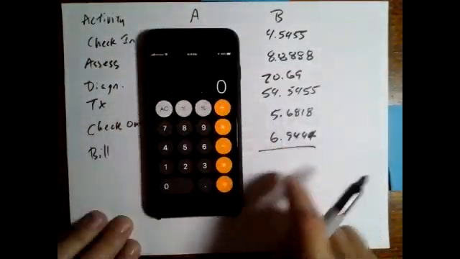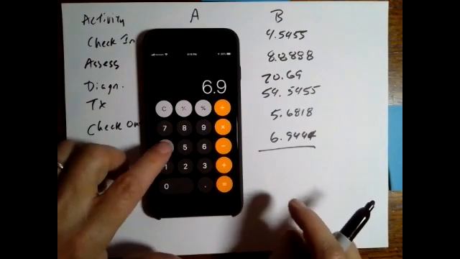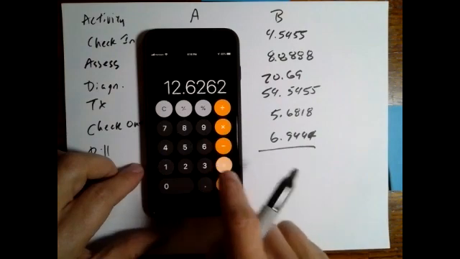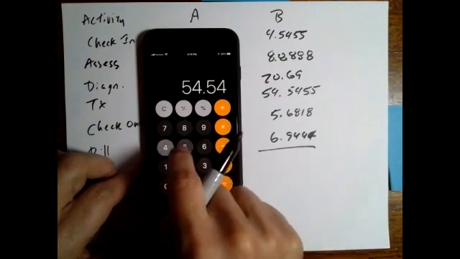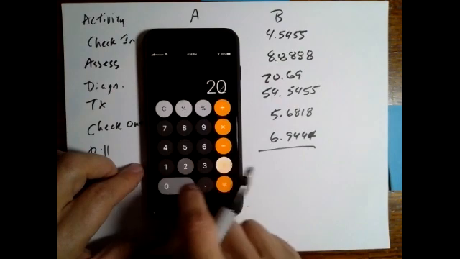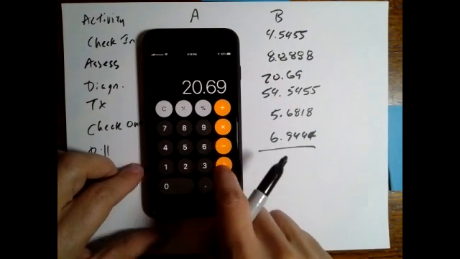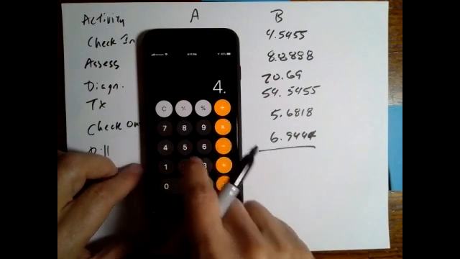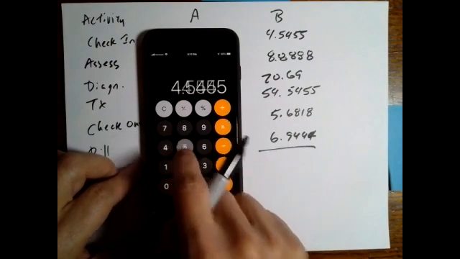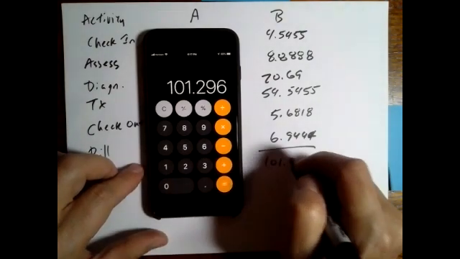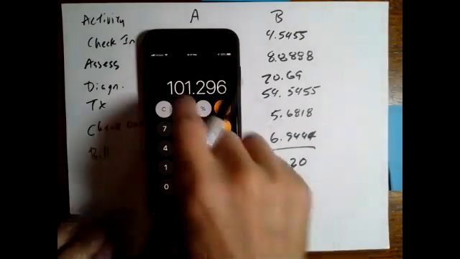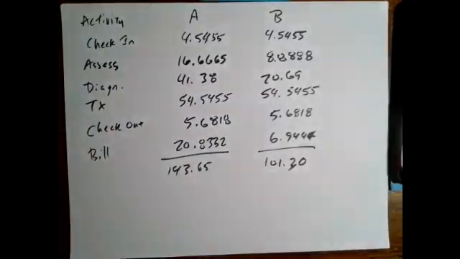And then for B, 6.9444 plus 5.6818 plus 54.5455 plus 20.69 plus 8.888 plus 4.5455 is 101.20. Well, let's say 101.30, since we're down to the actual amounts. Okay, so that's part B.